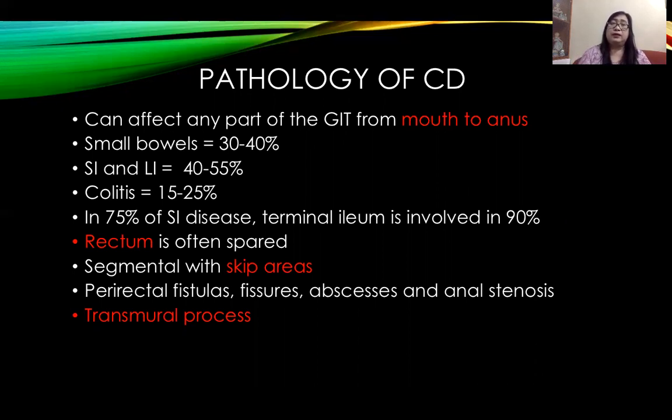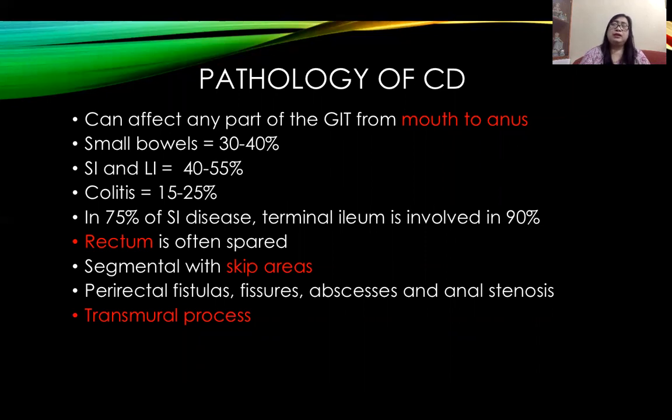Colitis is noted in 15 to 25%. In 75% of your small intestine disease, your terminal ileum is involved in 90%. So the most commonly affected portion of the small bowel is the terminal ileum. Rectum is said to be spared most of the time.